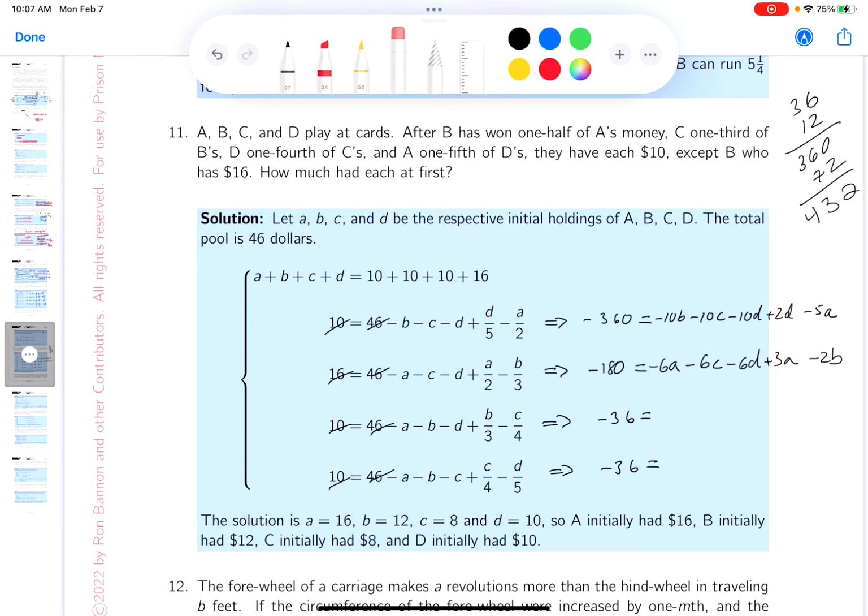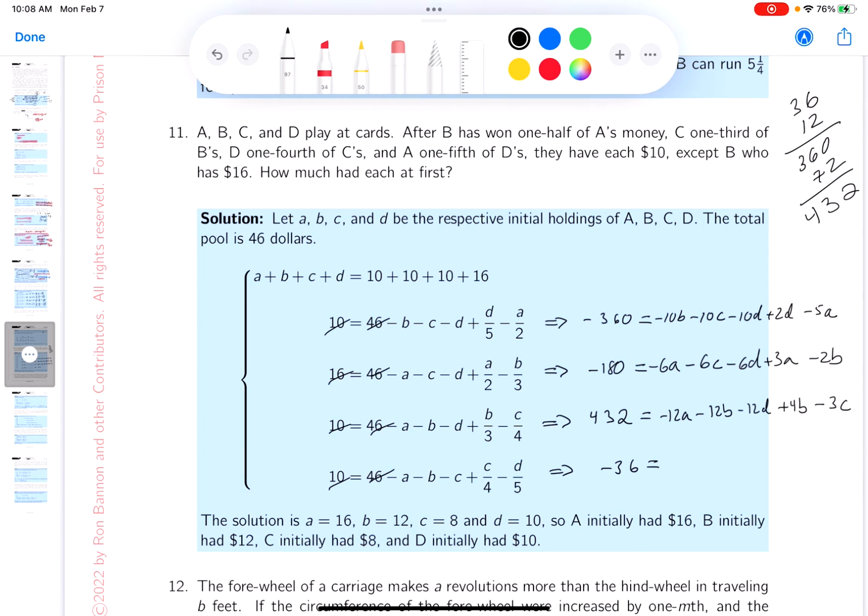I'm multiplying by 12. Let's write this down. Minus 12a, minus 12b, minus 12d, plus 4b, minus 3c.